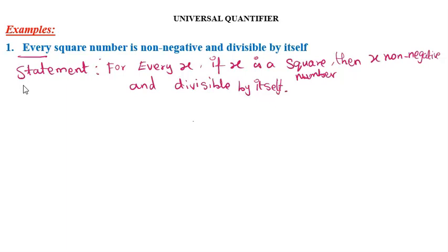Now let's convert it into one more easy statement. As we know, for every x belongs to the universal quantifier symbol. Now I can consider the square: first letter, I will take S of x, x is a square.